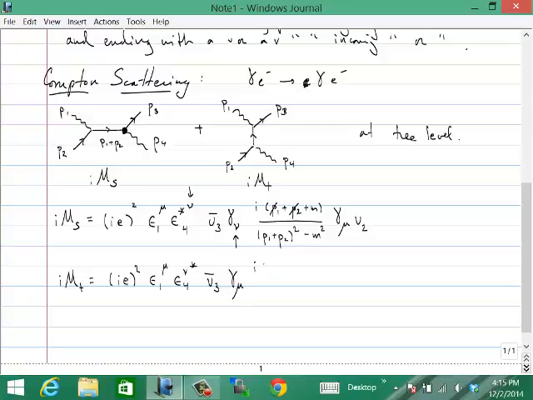And we could write it in terms of p2 and p4. So it would be p2 slash minus p4 slash, because we usually keep the convention that the momentum flows from left to right, plus m, over p2 minus p4 squared minus m squared, then with a gamma nu u2.